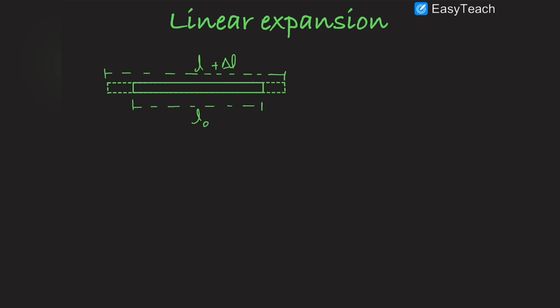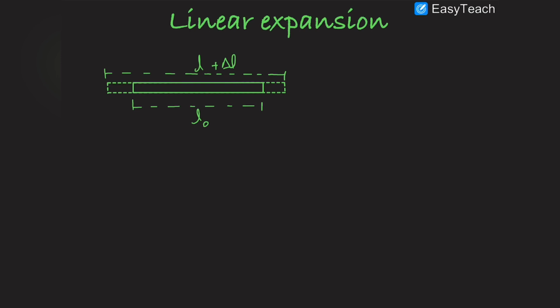So first of all, the first kind of thermal expansion is linear expansion. Linear expansion does not necessarily mean the length. In fact, the change in any one dimension of an object is linear expansion.